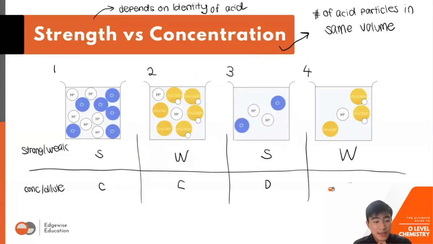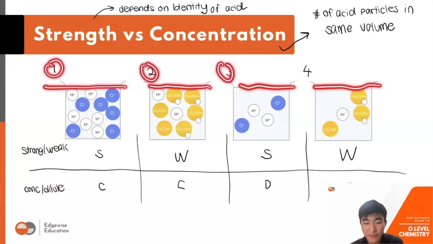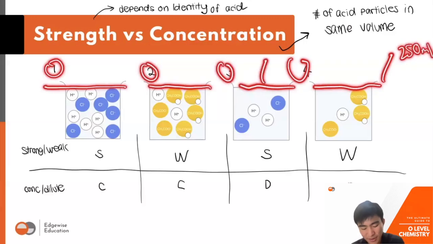Now, I got another question: does the amount of ions presented represent the volume? Mary, I don't get your question. What do you mean by that? No, the volume is exactly the same. I said the volume of water is exactly the same. In this case, 1, 2, 3, 4 all have the same volume. Maybe this one has 250 ml, and this one also has 250 ml.